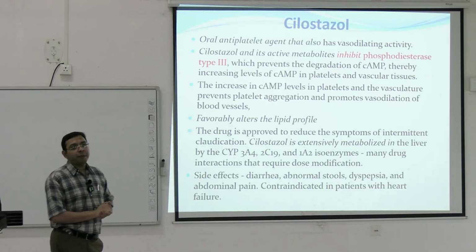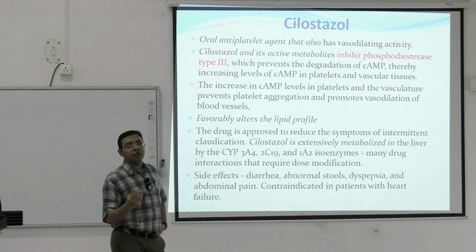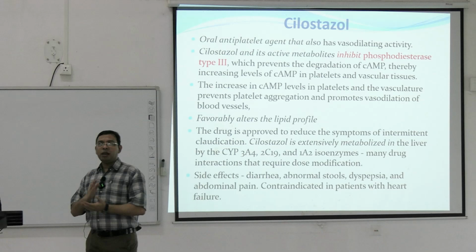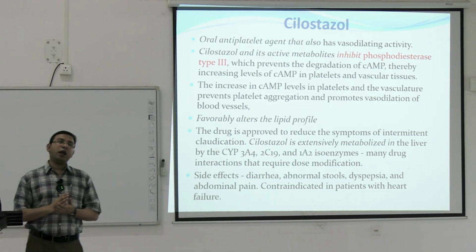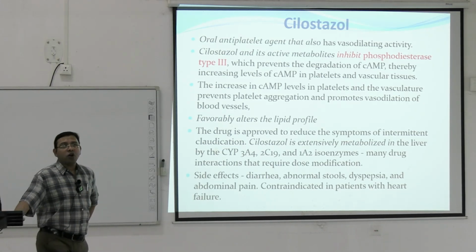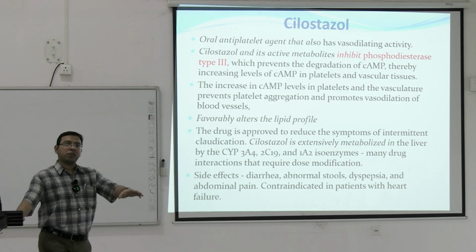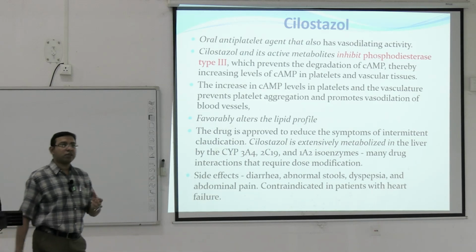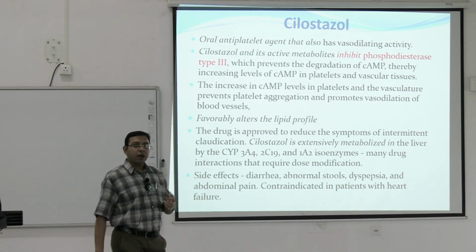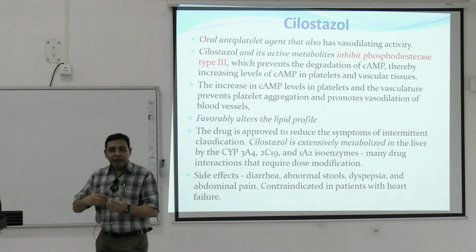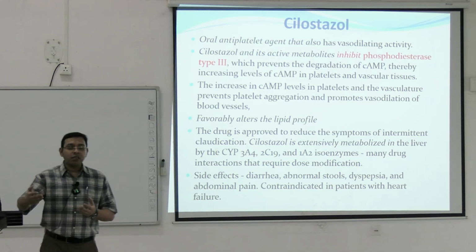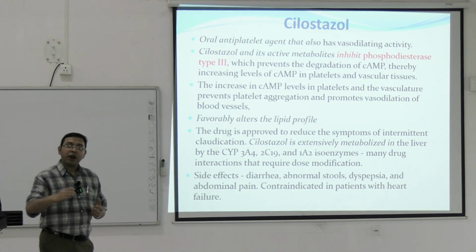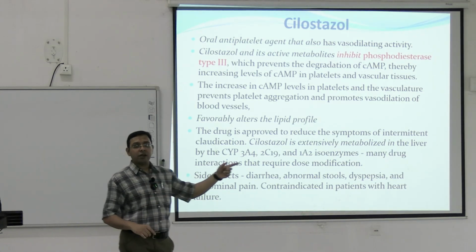So the previous ones are mainly used in cardiovascular disease or cerebrovascular disease. Cilostazol is used in peripheral vascular disease. Intermittent claudication means a patient walks some distance and there will be severe pain in the legs due to vasoconstriction in the peripheral vessels. This is known as claudication. Intermittently this claudication happens due to blockade of the peripheral vessels, like that of the coronary vessels in the heart.